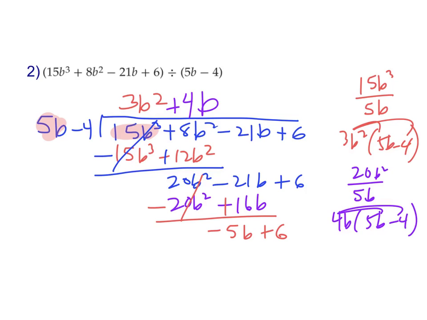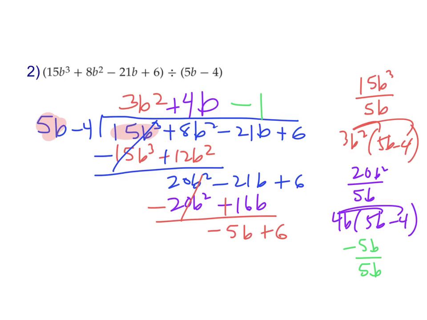Next, again, when I'm checking to see how many times 5b goes into negative 5b, so I do it again, it's negative 5b over 5b. So this negative is from here, this positive is here, and this just gives me negative 1. That goes up there.